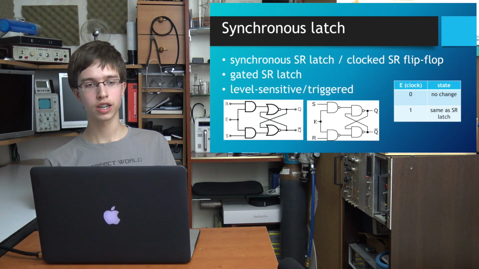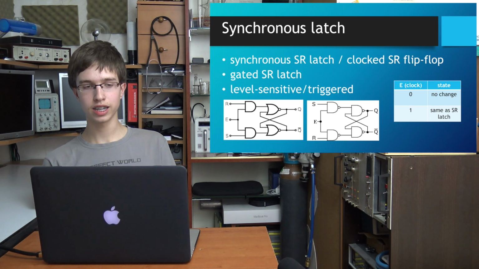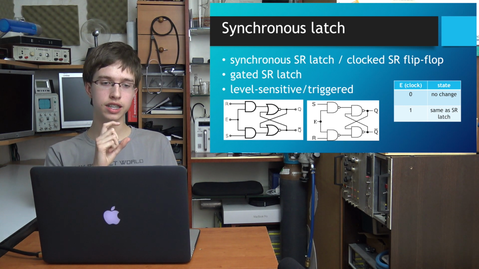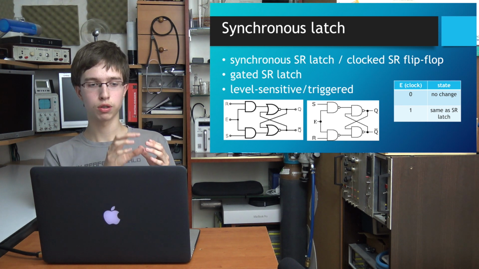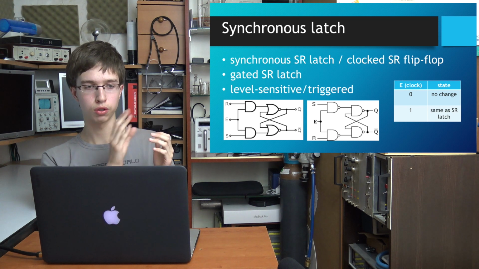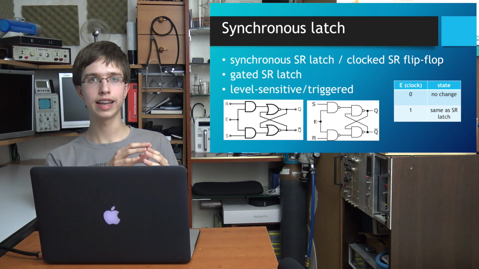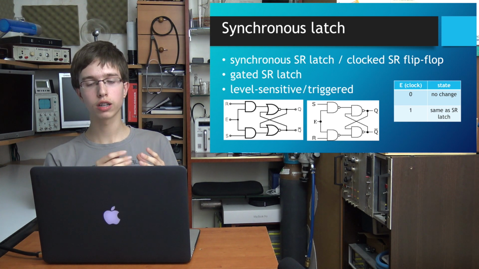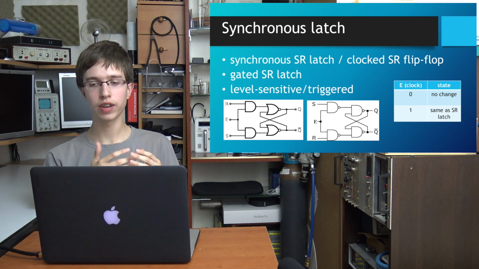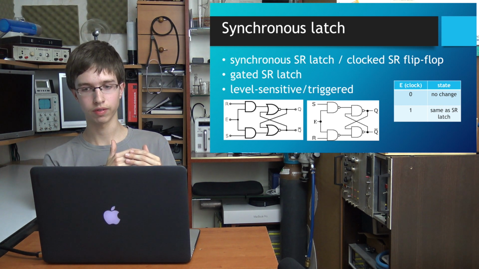Synchronous SR latch is not actually a true latch since it has a clock, so it is clocked synchronous, so it is also called SR flip-flop. It is also called gated SR latch since it has two logic gates in front of it. So for example, NOR SR latch has two AND gates in front. They are level sensitive, level triggered, meaning that they copy data from input to output when the clock is high, and after that remain in the last state given from the data input when the clock was high.